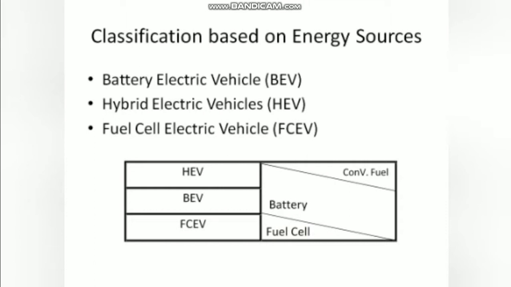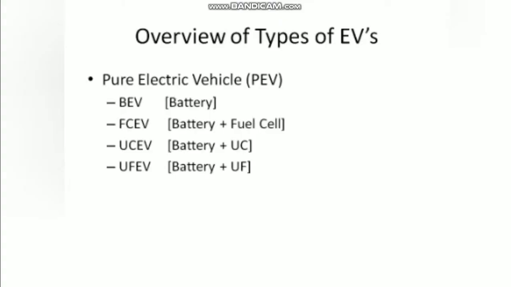So an HEV uses both liquid fuel and battery as energy sources, while a battery electric vehicle uses battery as the sole energy source. On the other hand, a fuel cell electric vehicle uses both battery and fuel cell as energy sources. A similar classification can be done on the basis of energy carriers, where the energy carrier for a battery is electricity, while the energy carrier for a fuel cell is hydrogen.